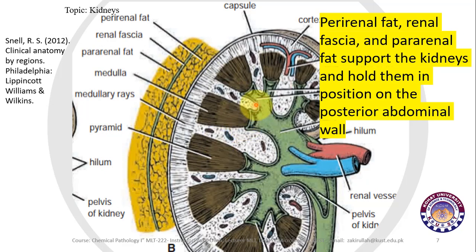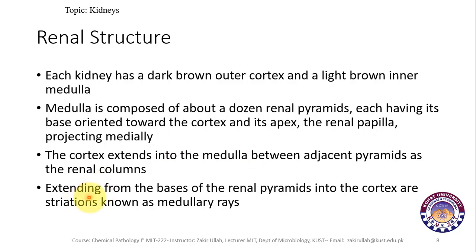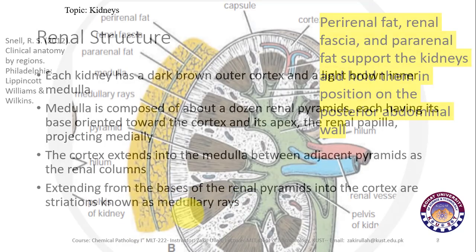These are the renal columns, and extending from the base of the renal pyramids into the cortex are striations known as medullary rays.